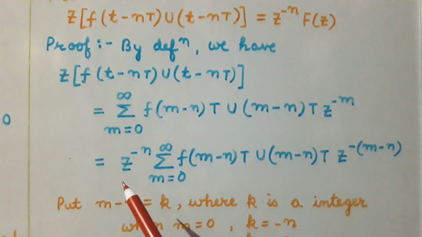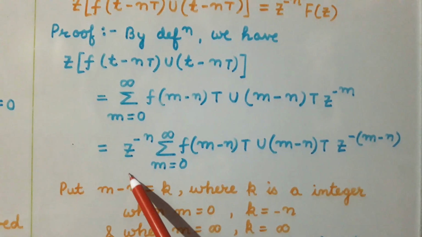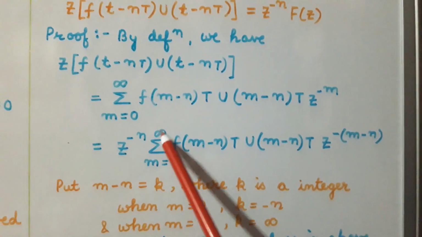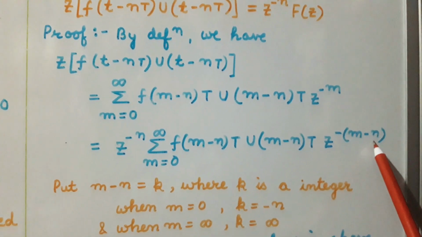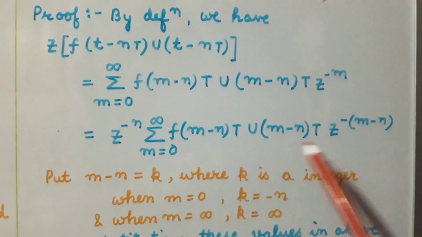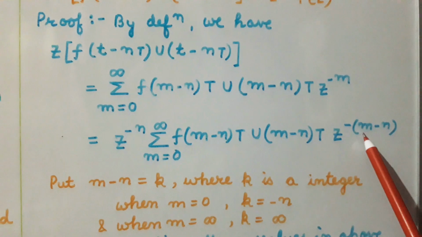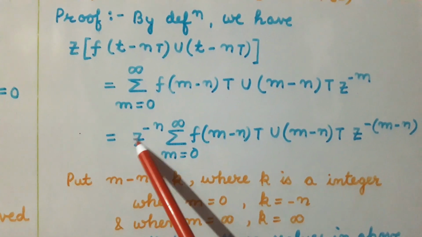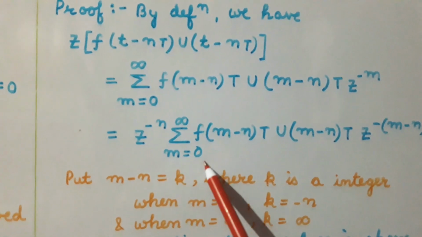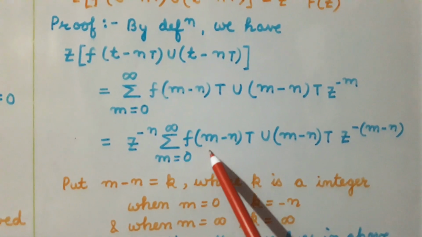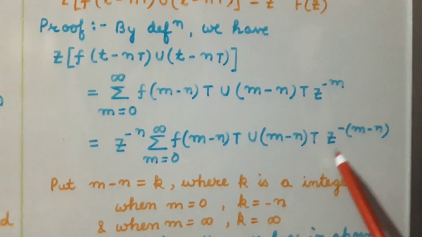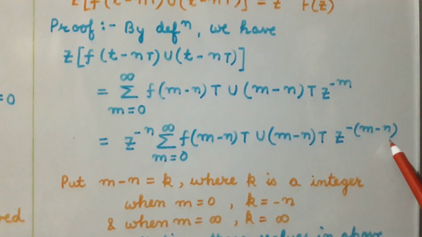Now again we have multiplied this expression by z to the power minus n into z to the power plus n, and we have written this expression as shown here, that is, this will be equal to z to the power minus n summation m equal to 0 to infinity of f((m minus n)T) into u((m minus n)T) into z to the power minus (m minus n).